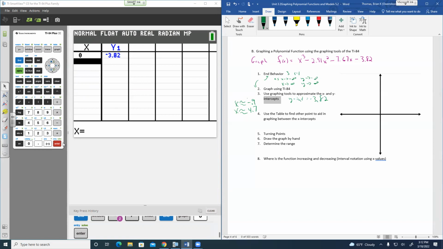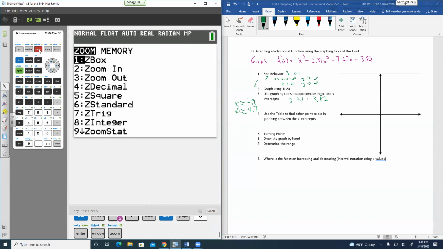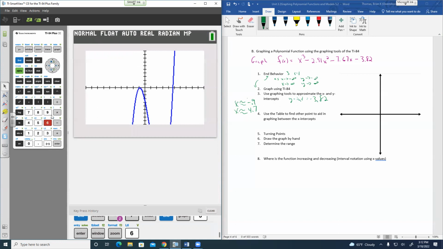Now remember, I never changed my window, so that's why it looks kind of strange there. If you look at my window, I never really changed these values. If I go back to zoom and hit number 6 for standard, you can see that actually looks closer to -1 there, and it's close to 4 for the y-intercept.